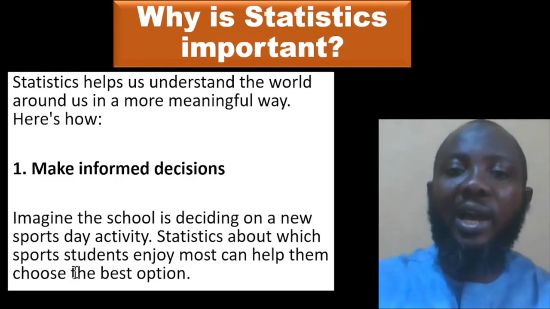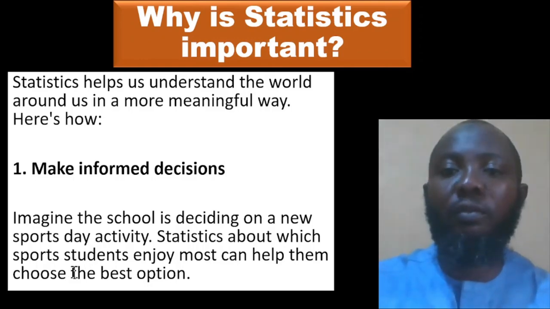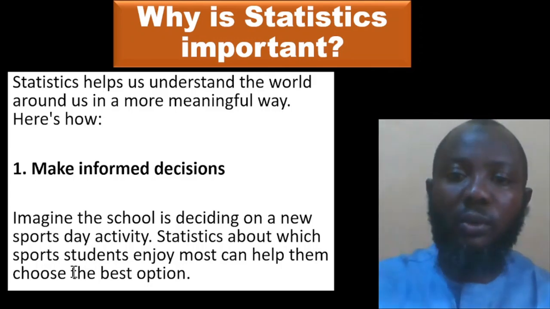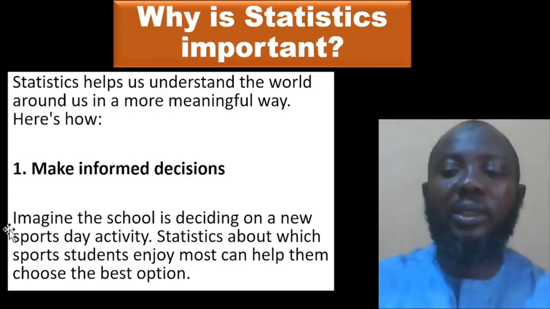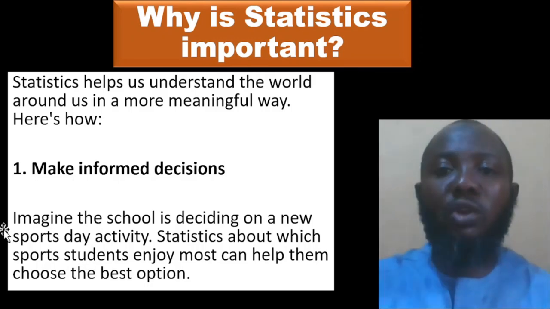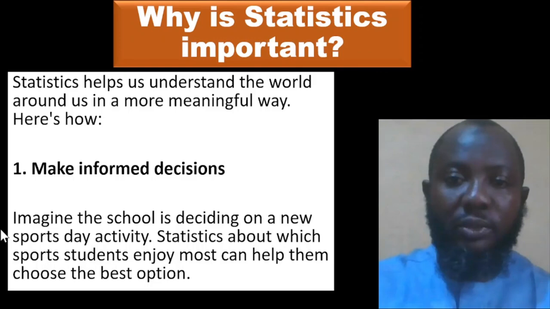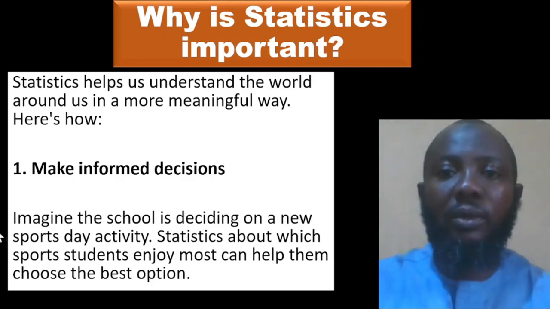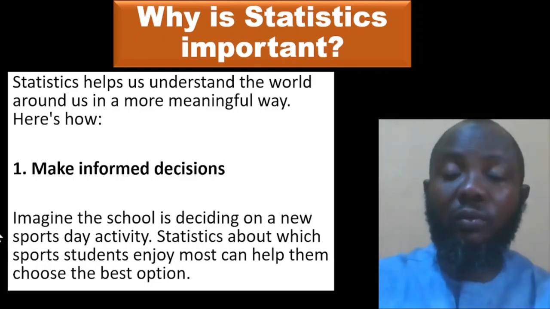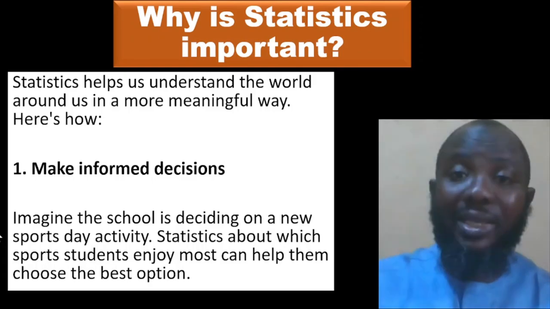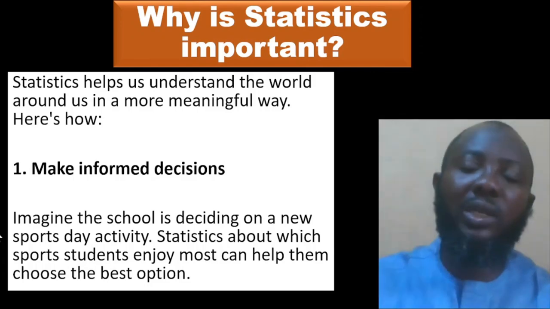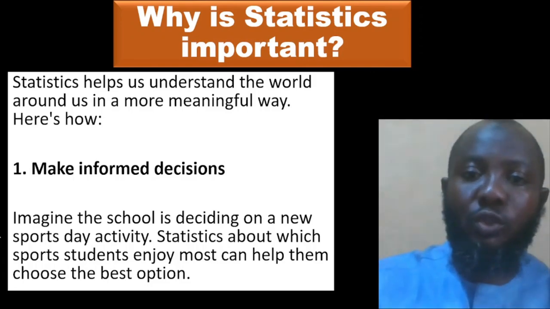So if we have many students that like football in the school, then the statistics would tell us that we have to have a lot more days for football than other sports, for example basketball or judo, or whatever type of sports you know.